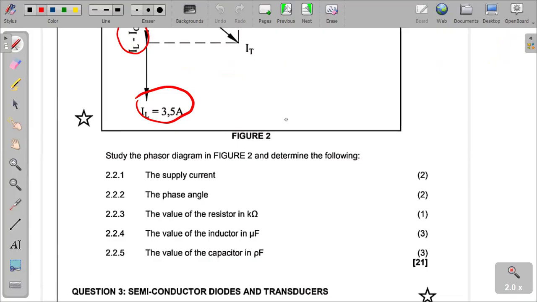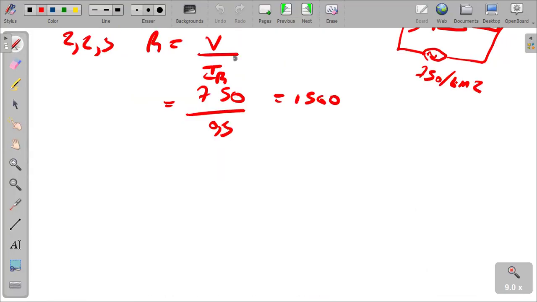If you press the button on your calculator, there's a button that is written ENG if you are using the Casio calculator, which we often advise that it's good to use. So you get your answer directly as 1.5 times 10 to the power of 3. So it's kilo already because kilo is 10 to the power of 3: 1.5 kilo ohms.